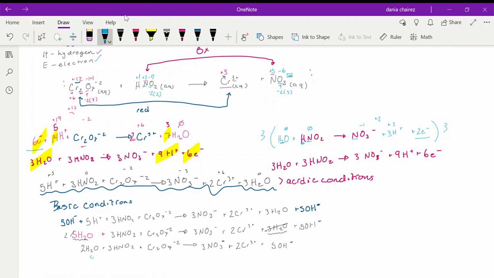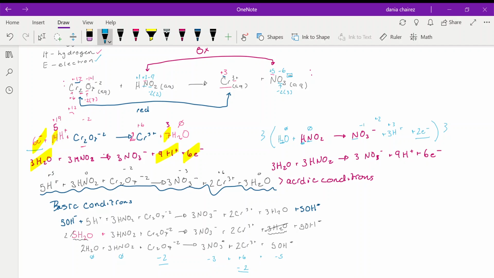So our H2O is 0, 3 HNO2, 0, chromium, minus 2. 3 NO3s is minus 3, 2 of our chromiums are plus 6, and then 5 OHs are minus 5. So if we were to add all of these together, we would end up with a negative 2. Our charges are the same overall on both our reactant and product side.